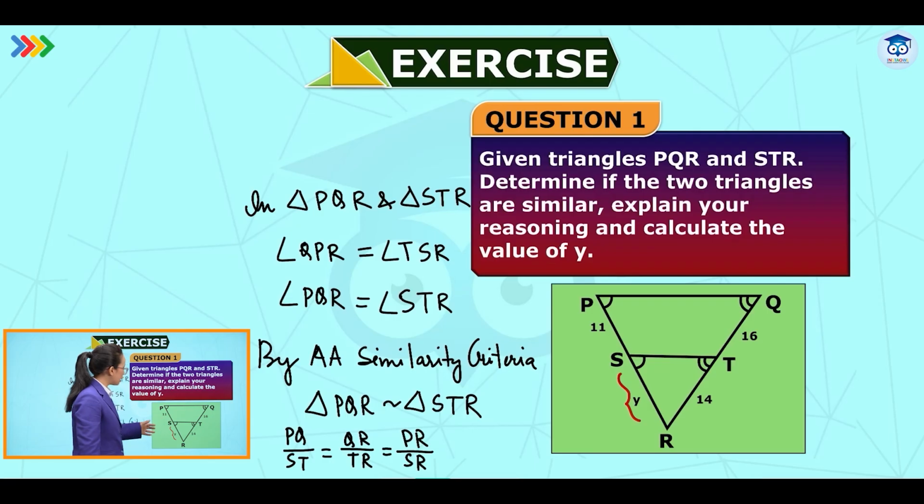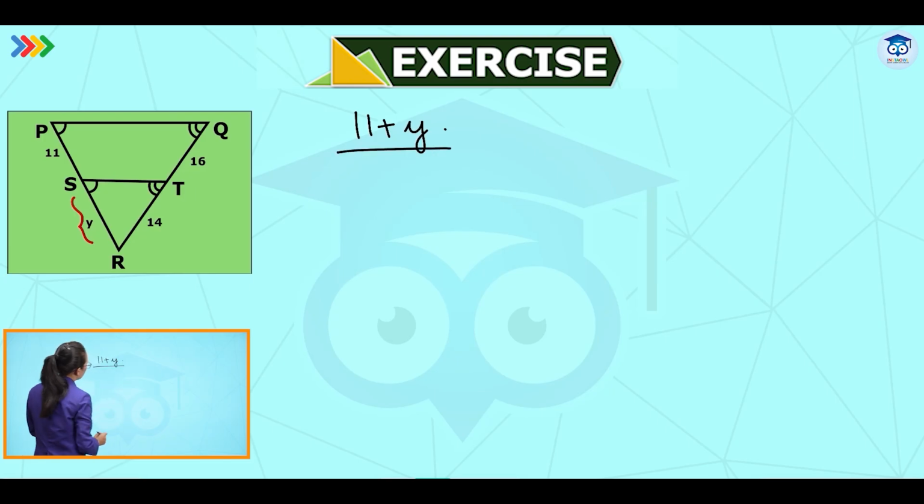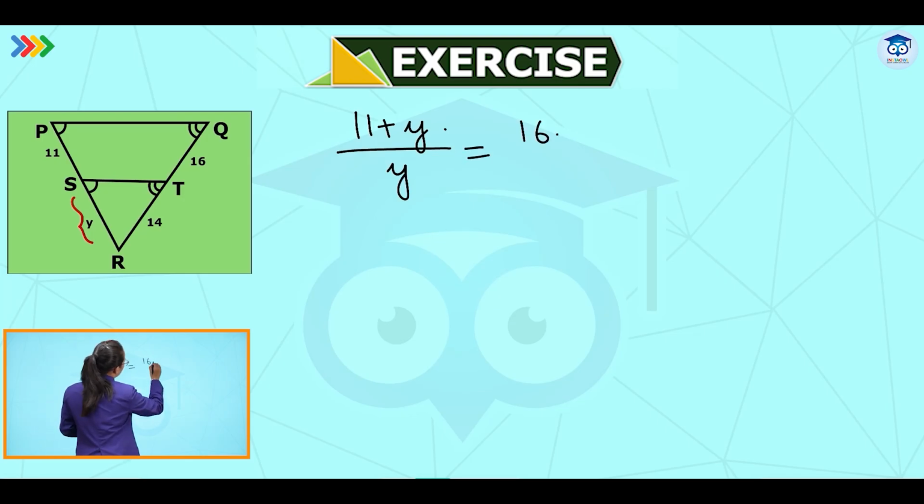So we can write this as 11 plus y, and we have this QR as 16 plus 14. So we have 11 plus y, this is the value of PR, upon y, which is equal to 16 plus 14 upon 14.